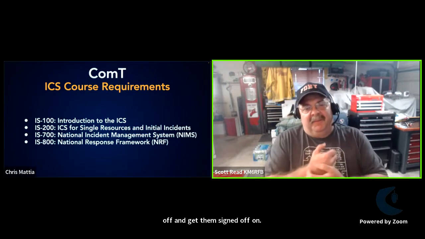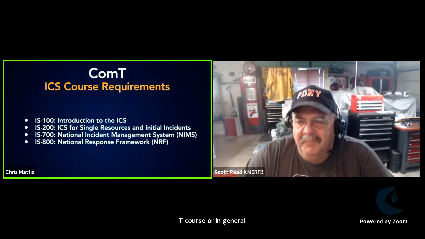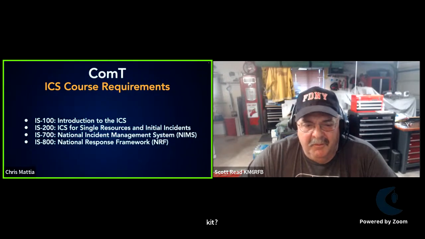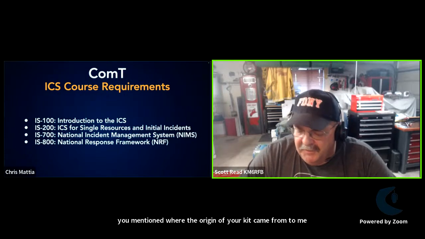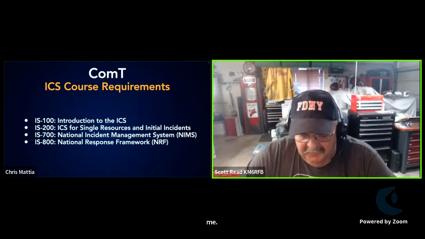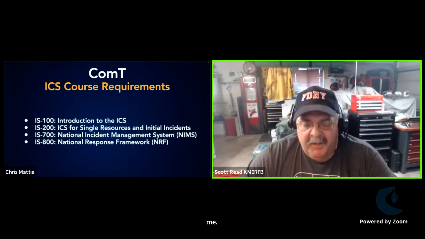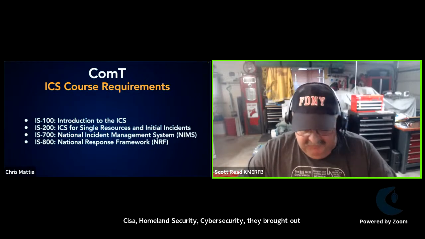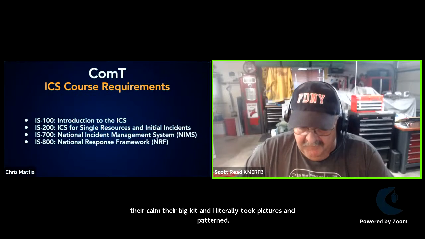Actually, can you also talk about your kit? Because you mentioned the origin of your kit to me. Well, the origin of my kit literally came from when I took the ComT class in Santa Maria, California. CISA, Homeland Security, Cybersecurity, they brought out their big kit, and I literally took pictures and patterned as much of what they had in my kit.